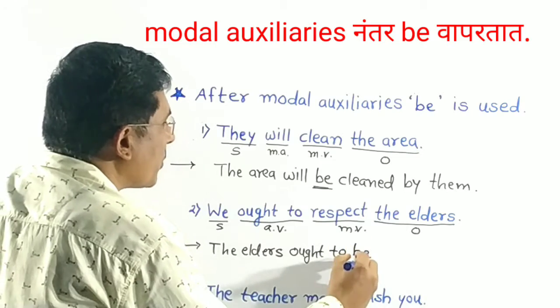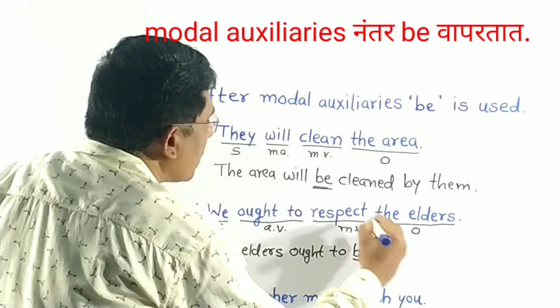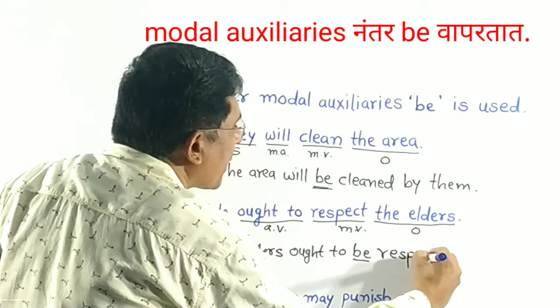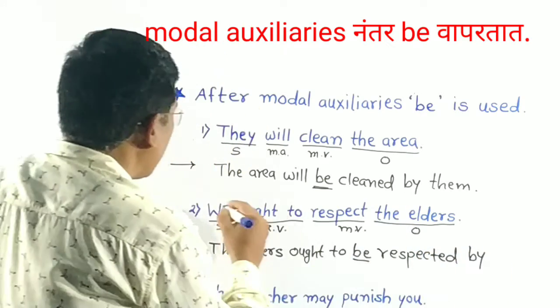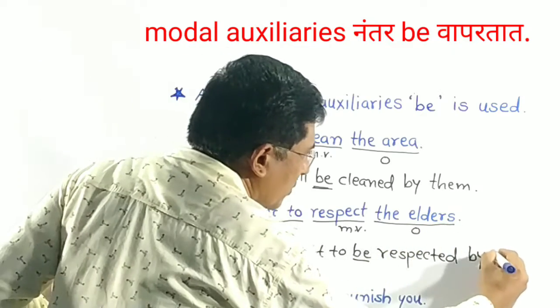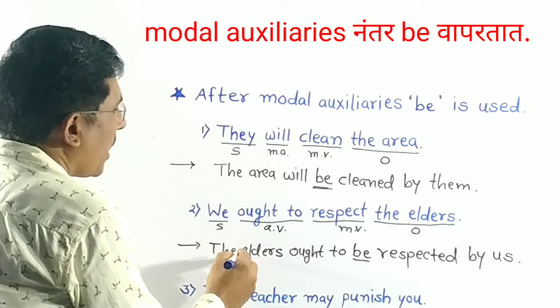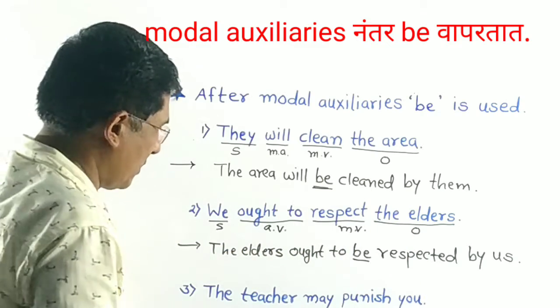After modal auxiliary we use be. The elders ought to be, with the form of main verb, respected, by, we becomes us. The elders ought to be respected by us.